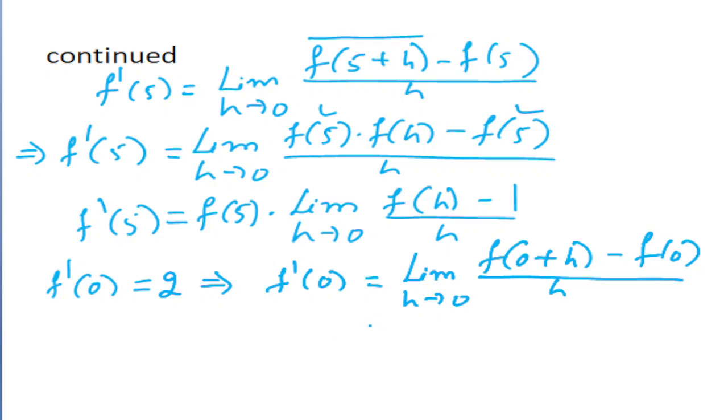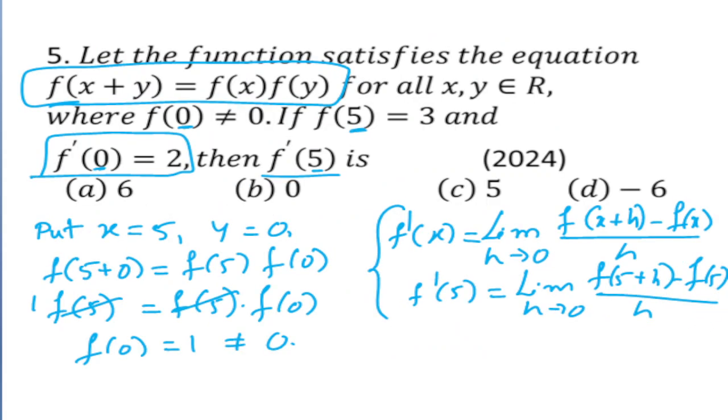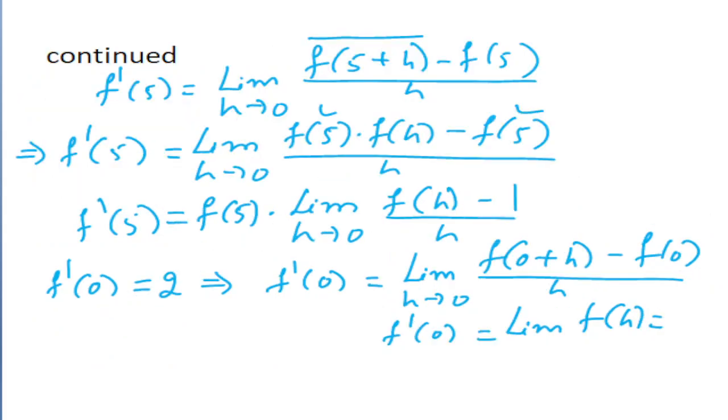So clearly friends, f of 0 plus h is f of h, and f of 0 value we have found here. F of 0 value is how much? F of 0 value is 1. So we'll put that value here. Then limit of f of h minus 1 whole divided by h as h tends to 0.